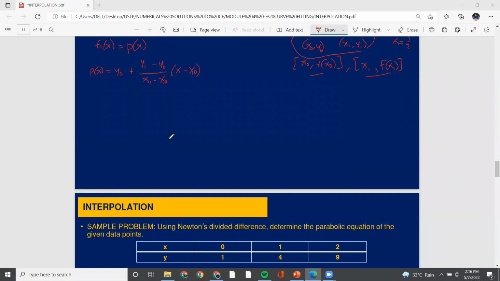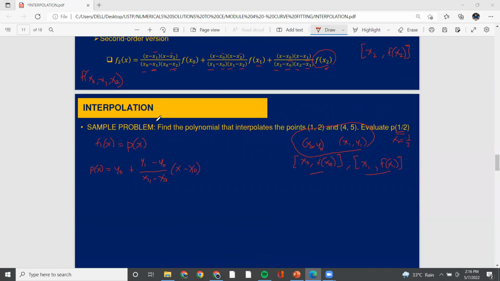Okay? So, continue. Now, we have pila tong y sub o. Y sub o nato is p of x. So, first found na to ang equation. P of x, y sub o is 2 plus y sub 1, we have 5.